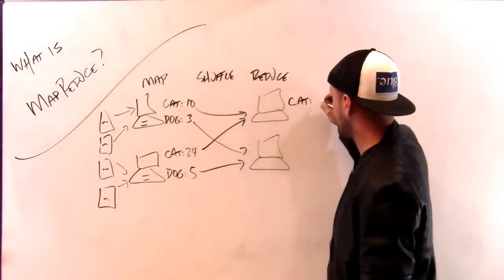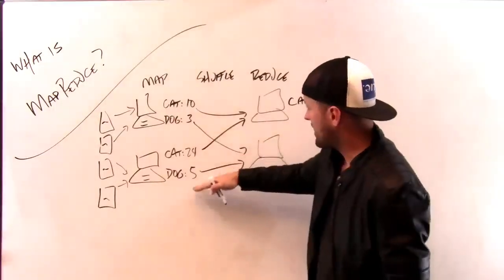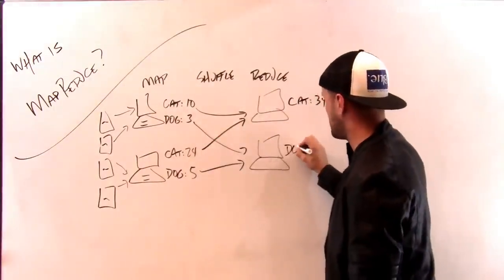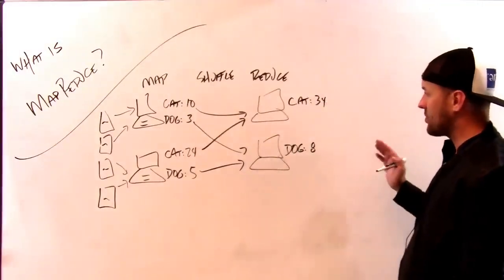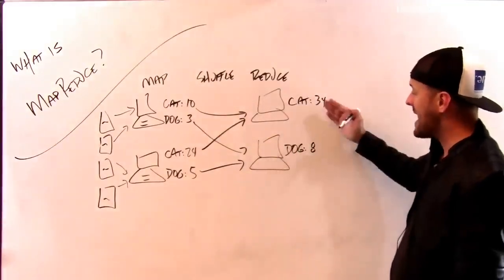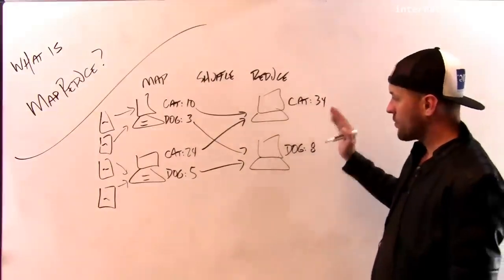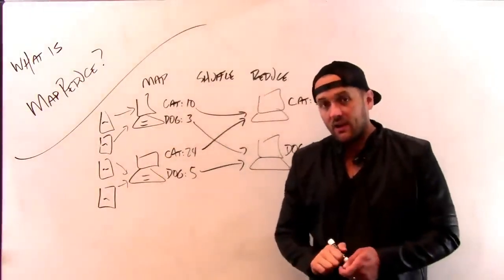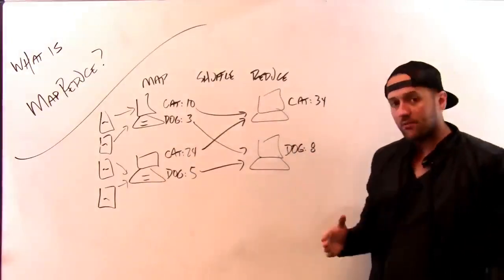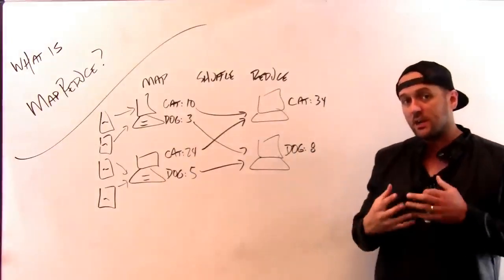This reducer would produce cat 34, and I've got dog 5 and dog 3, so this reducer would produce dog 8. And then I'm done. So now I have what I wanted, which is a key value map of the number of times that every word in these documents appeared.